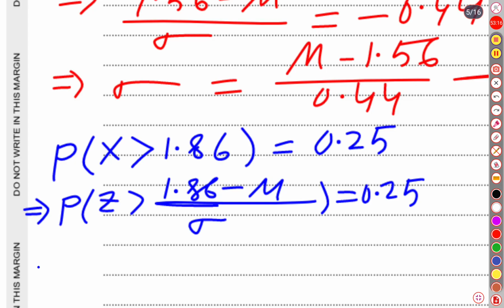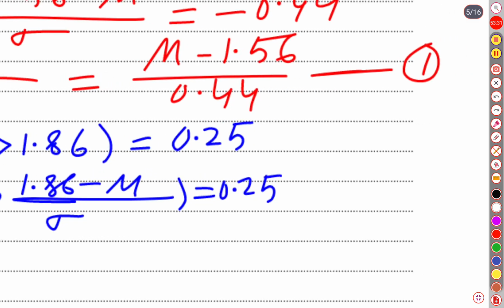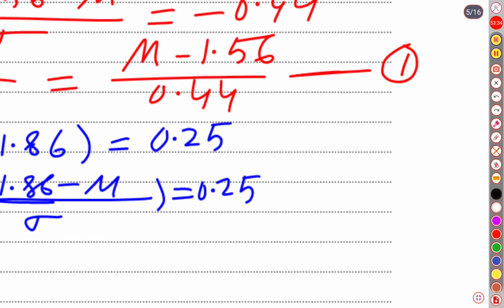Well, then we will get the z score of this. Probability is given, so this particular probability will find the corresponding z score. Okay, then I will have to draw another graph over here. Look at this. This is the graph.